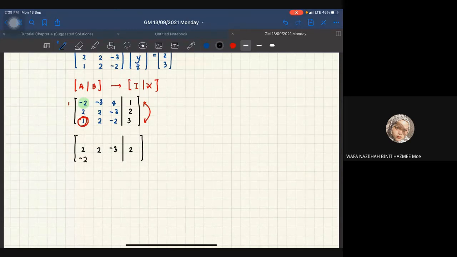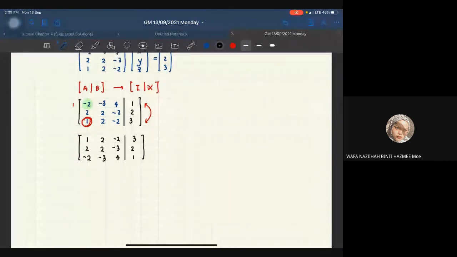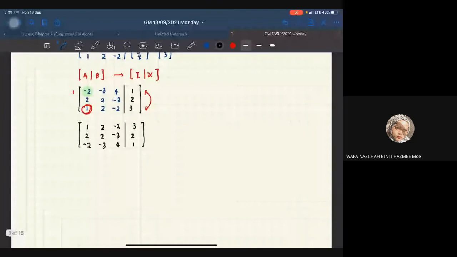Apa lagi yang awak nak kena buat? Row 2 jadi kosong. Row 2 jadi kosong, row 3 pun jadikan kosong. So kita nak jadikan kedua-dua row ni kosong. Okay, so kalau tengok dekat sini, boleh tak buat terus dia punya equation? Macam mana kita nak dapatkan formula untuk row 2 yang baru?